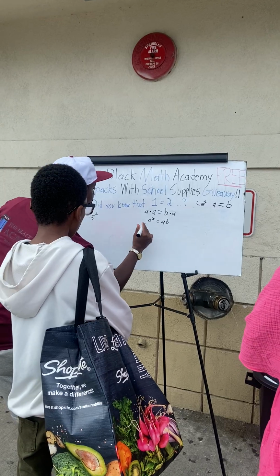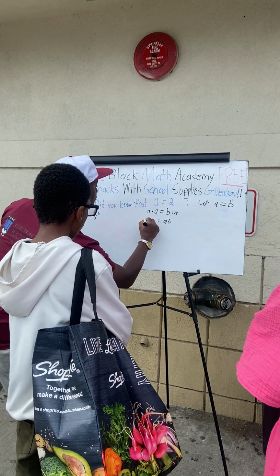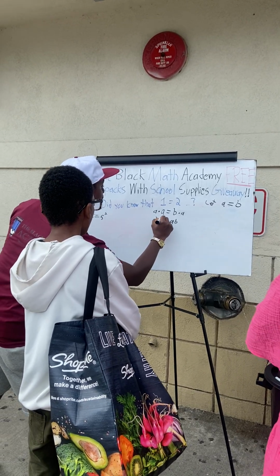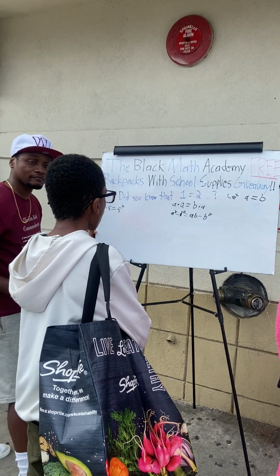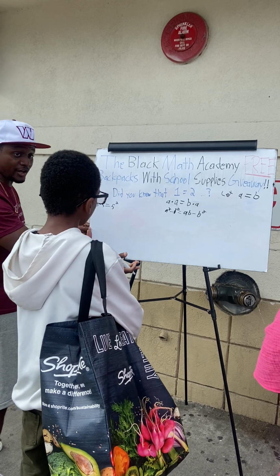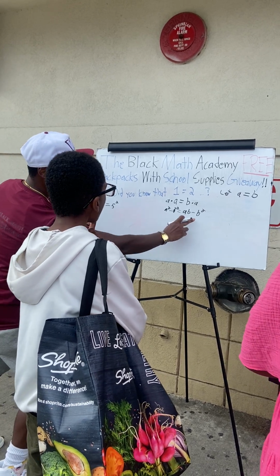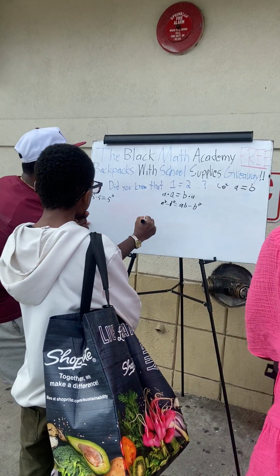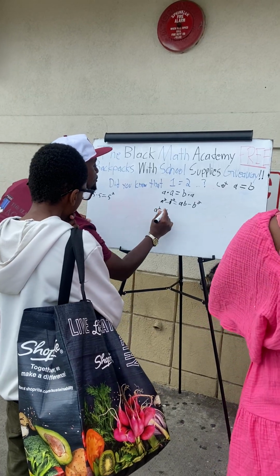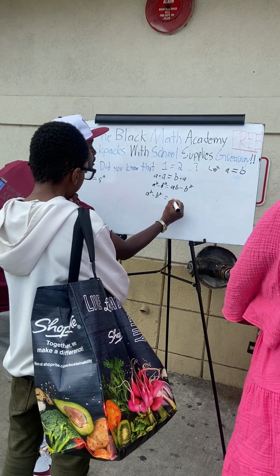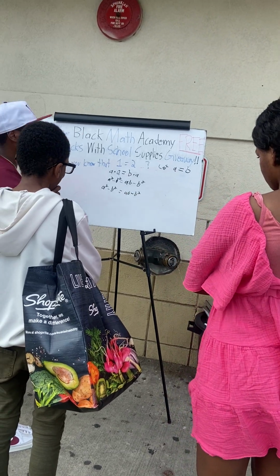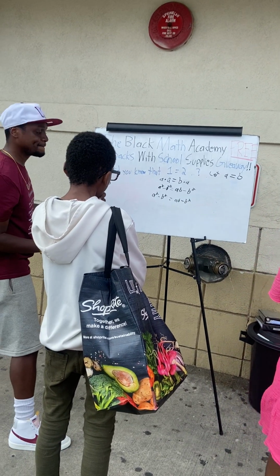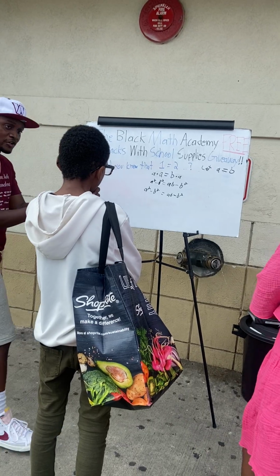Now I'm going to take this and subtract B squared. But on one side, I have to do it to the other. Subtract B squared here, subtract B squared. So A squared minus B squared, I can factor that out.